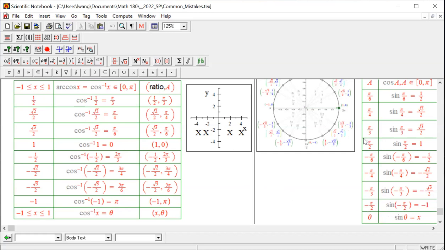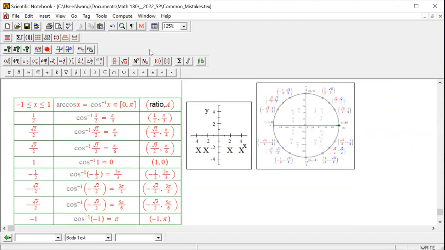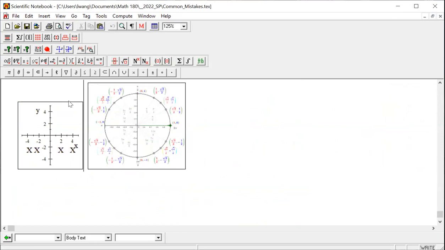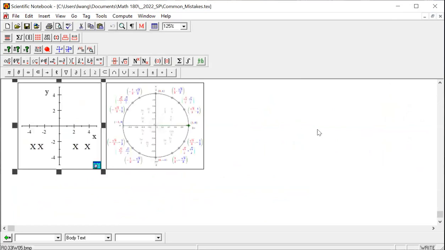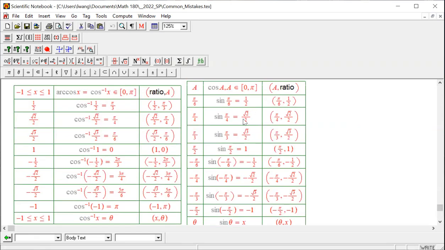Now, let's see what's on the other side. You just swap input with output. So what do we get on the other side? This is going to be cosine pi over 6 equals what?